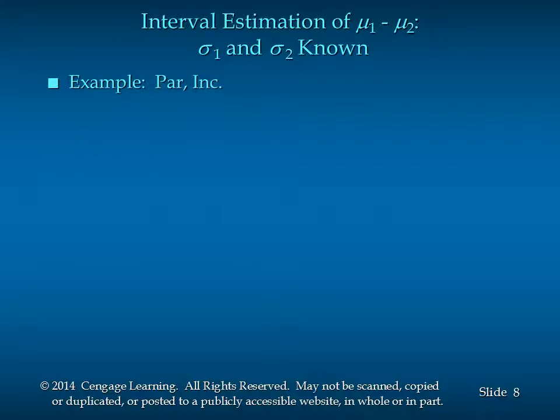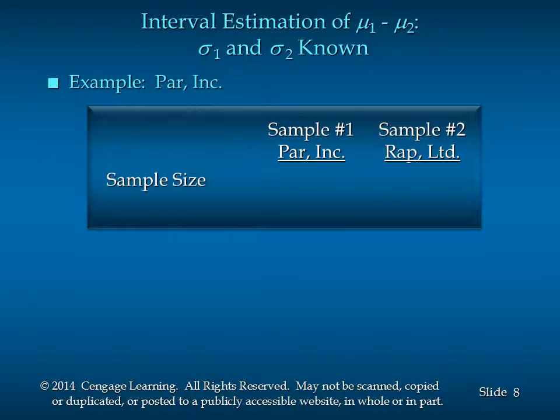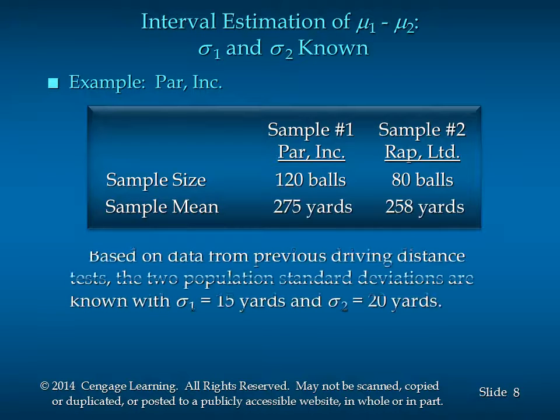So here's the data set that we have created. And we've done a crosstab here already for you. So here's the sample size. This is sample 1 and sample 2. This one went 275 yards, and this one went 258 yards. This was the older ball, by the way, I'm pretty certain. And you know that the standard deviation was 15 and 20.